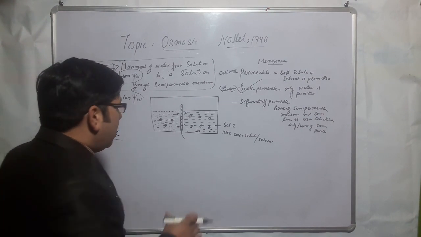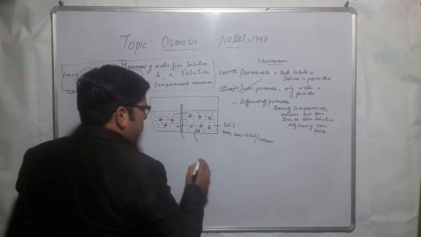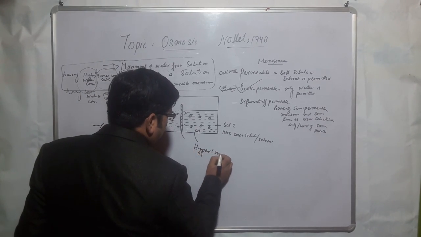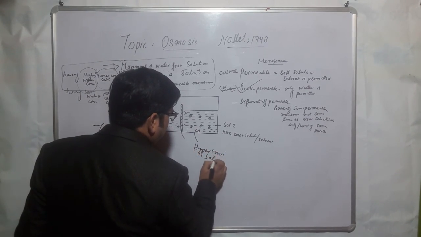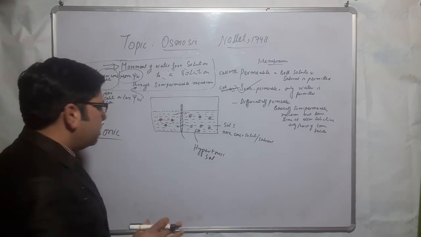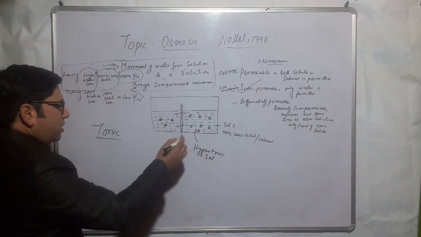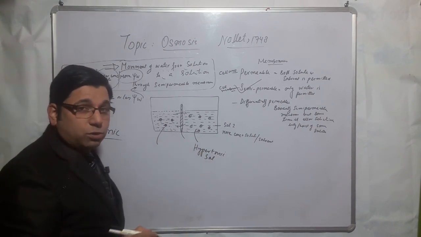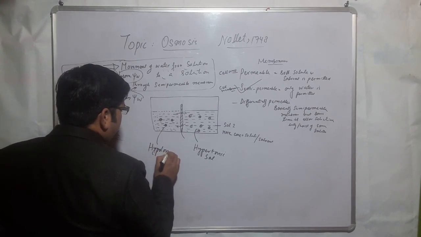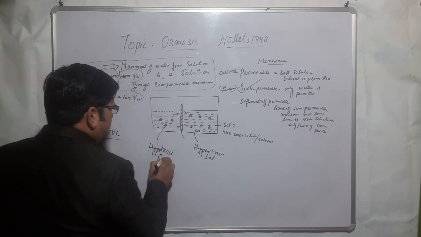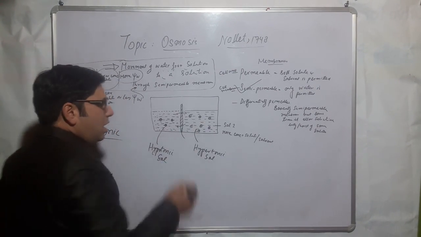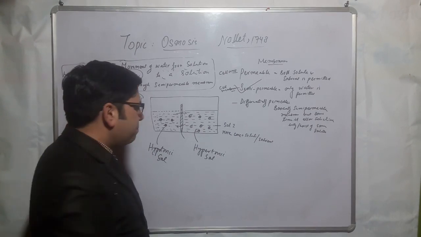This solution is having more solute concentration, so this is called hypertonic solution. Tonic means solute concentration, salt, sugar, whatever it is. So higher tonic means hypertonic. This solution is having lower solute concentration. This is hypotonic solution. Now osmosis is definitely from hypotonic solution to hypertonic solution. This is one more definition.